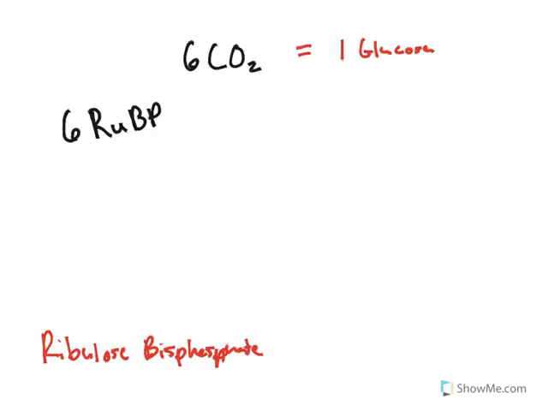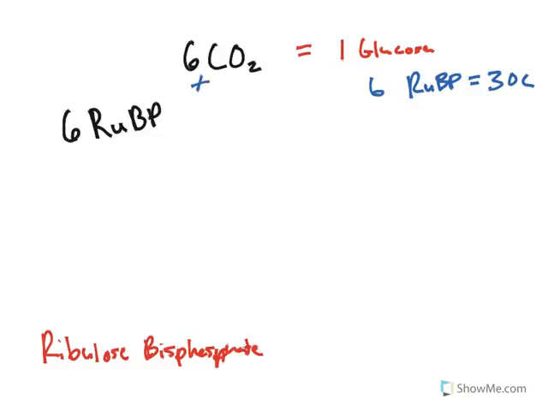So ribulose bisphosphate is a 5-carbon molecule. So we're going to be starting off our RUBP alone for 6 molecules is equal to 30 carbon.